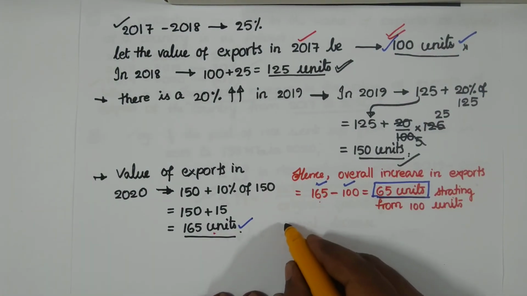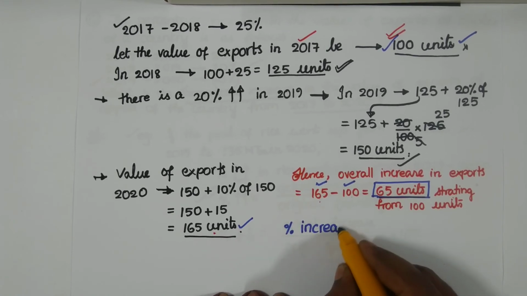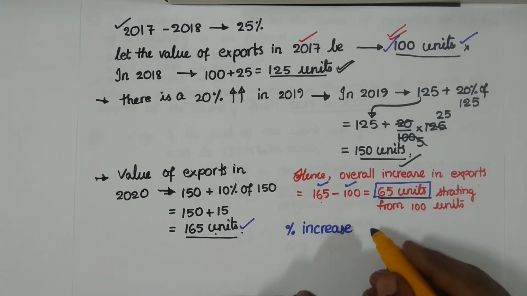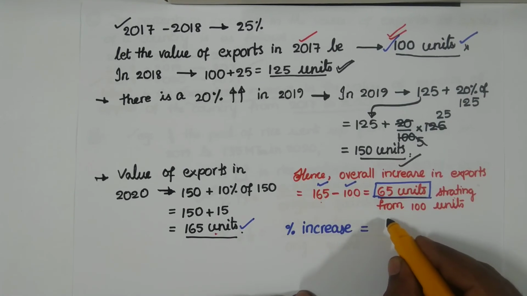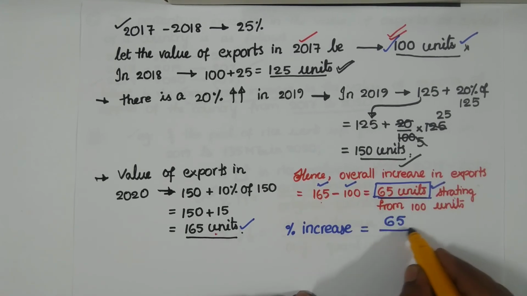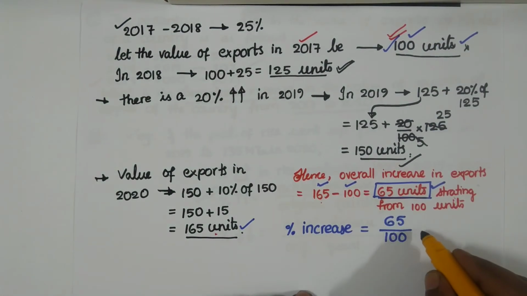So therefore, the percentage increase in the value of exports from 2017 to 2020 is equal to the actual increase, 65 units, divided by the original quantity, 100 units, multiplied by 100.